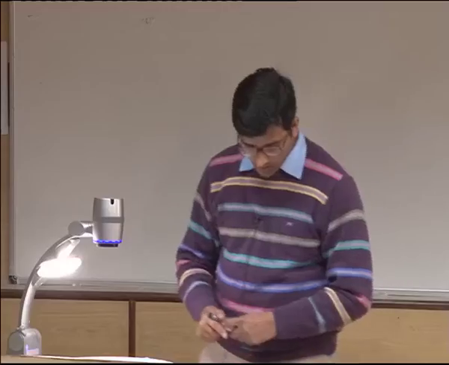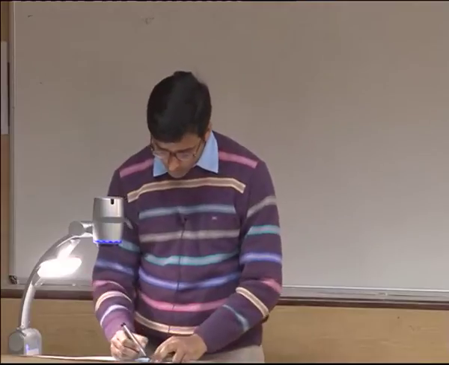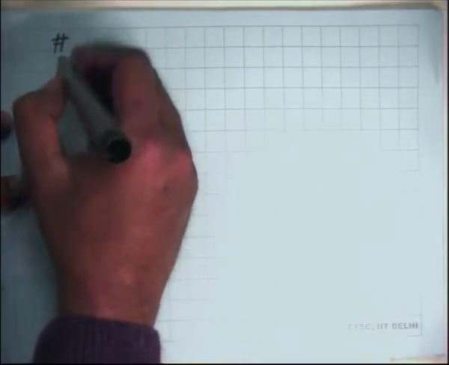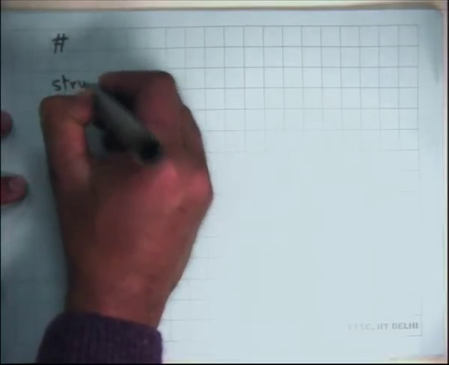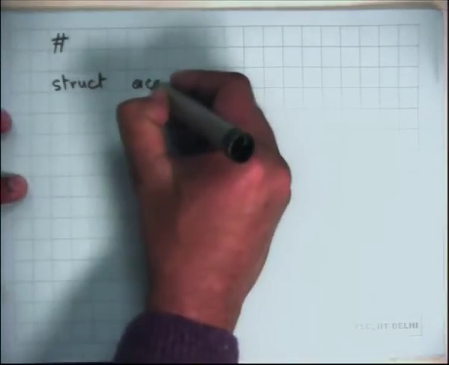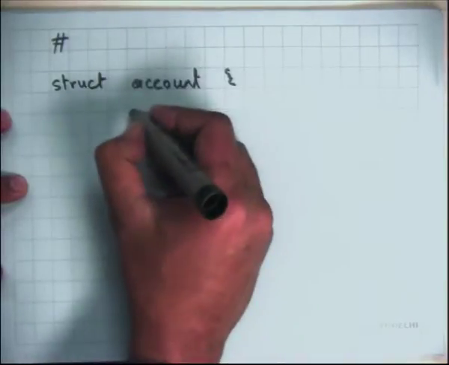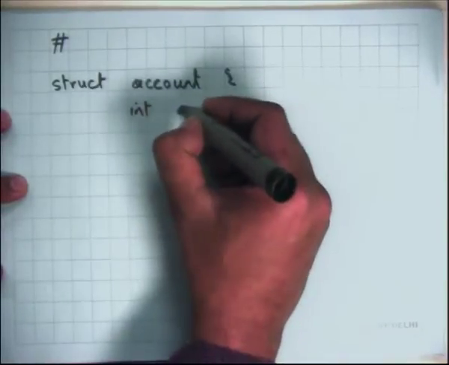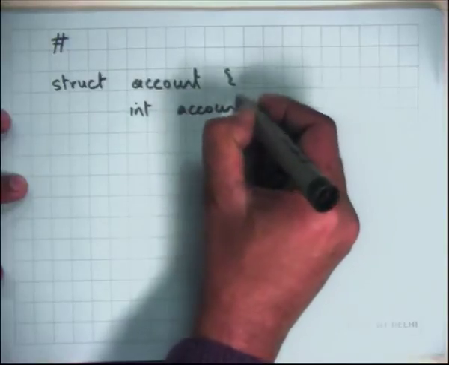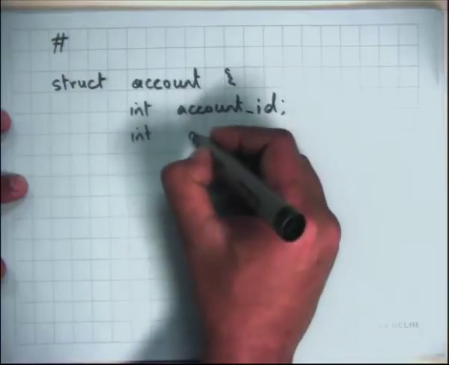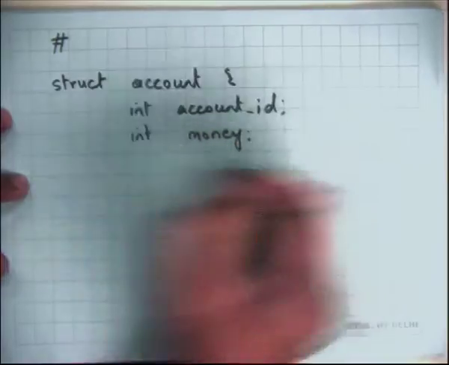All right. So let's take this code, and let's say I am a bank, and I'm holding these accounts. Let's say I define this type called struct account, and each account has an account ID or account number, and it has how much money there is in the account.